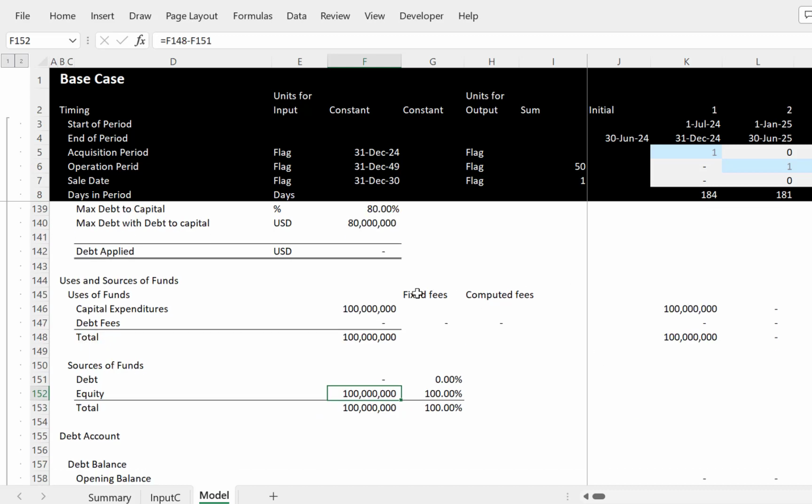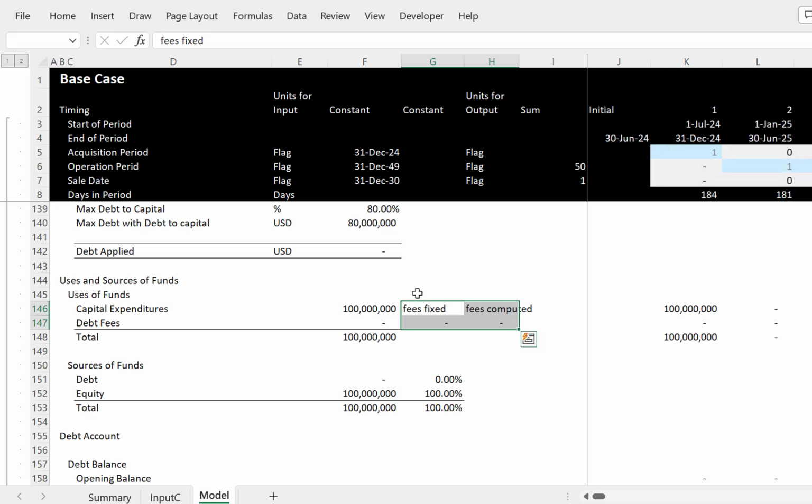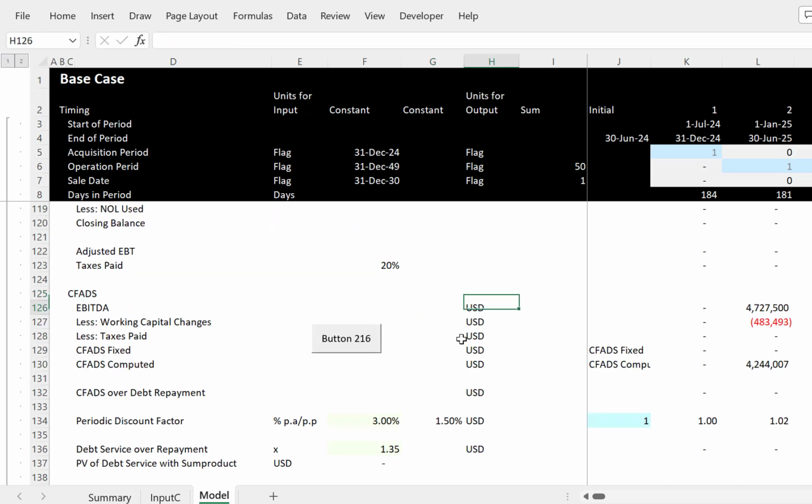Okay, well, let's do this. Let's do fees fixed and fees computed. Now, normally we would have IDC and so this of course makes this fixed and this computed, and up here if you select the whole line it says fixed for the whole line and then computed for the whole line.